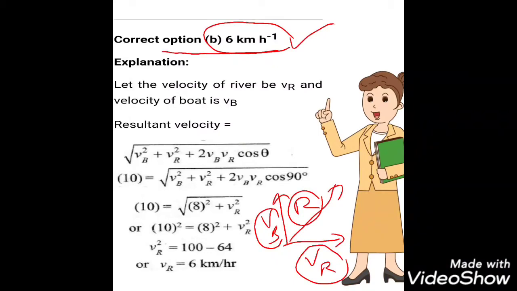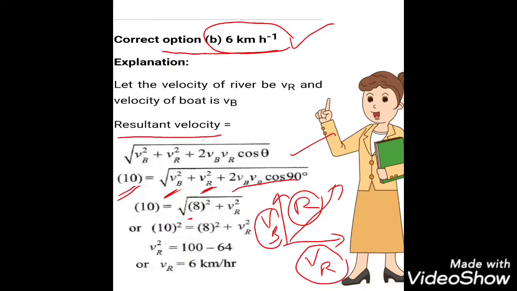According to the parallelogram law, if P and Q are two vectors, then the resultant is root of P square plus Q square plus 2PQ cos theta. From the same formula, resultant velocity is equal to square root of VB square plus VR square plus 2 VB VR cos theta. They have given the resultant velocity, and the velocity of the boat, 8. Velocity of the river they are asking.